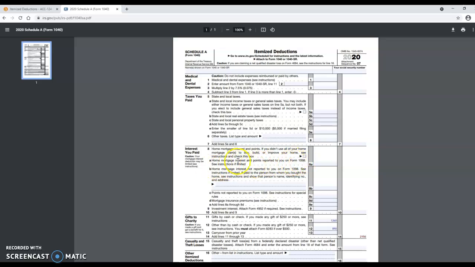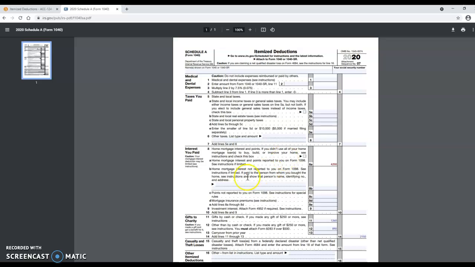So let's say that Clem has a house and he has mortgage interest and it is 40 to 50 is how much interest he paid, and it's on a Form 1098 that the bank sent to him.